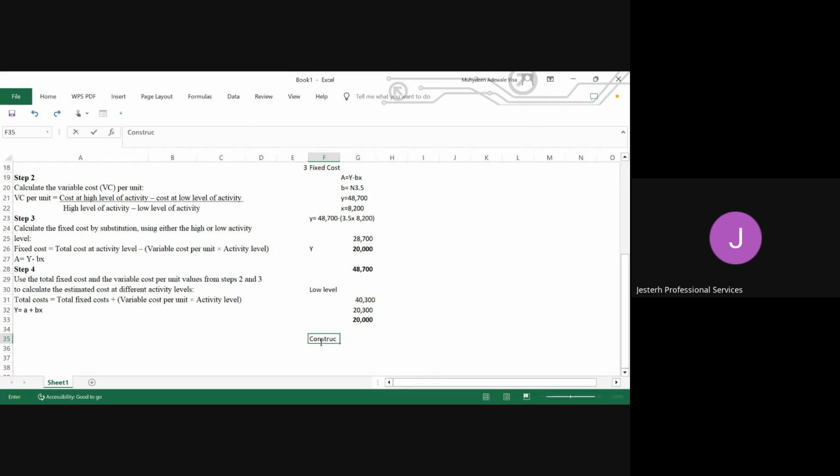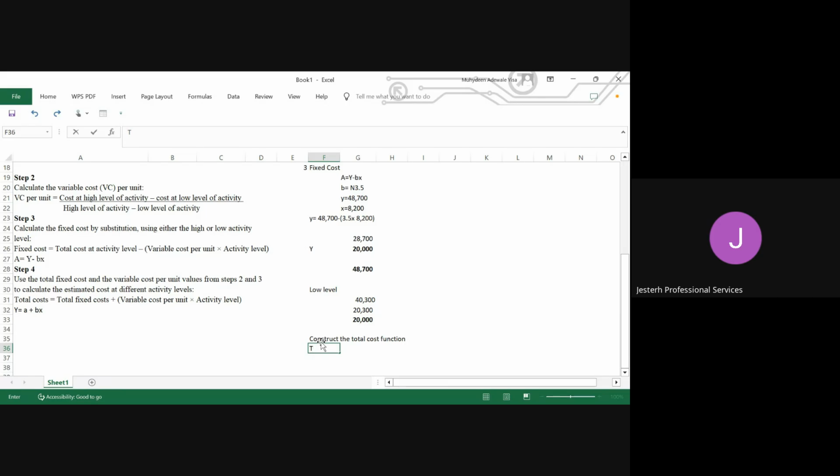Construct the total costs function, because this is what we need whenever we want to ascertain our total costs of a production, once we're able to determine the variable cost and then the fixed cost. Now, the total costs. Now, we'll say, I'm coming.